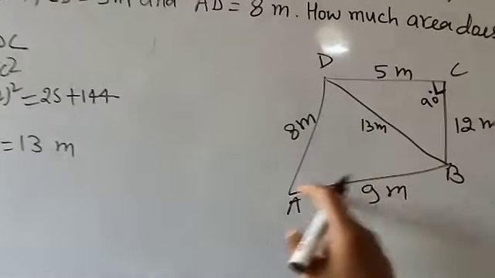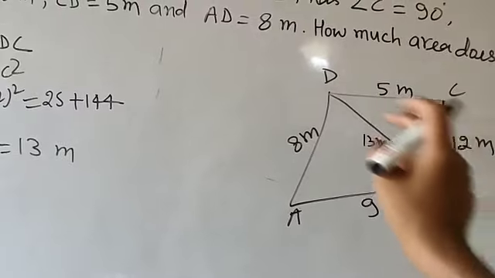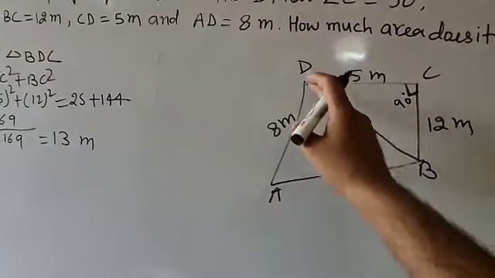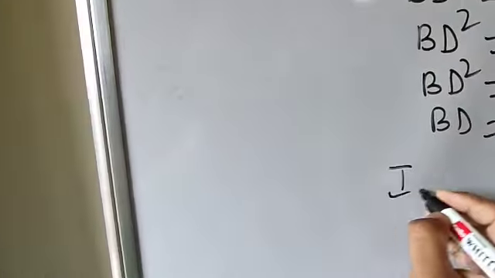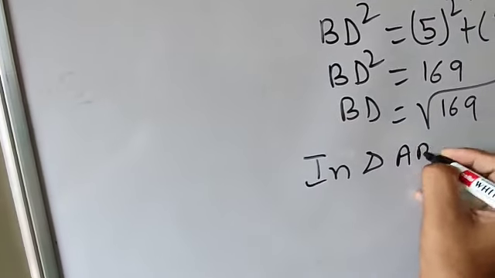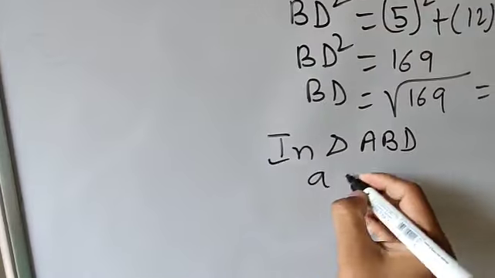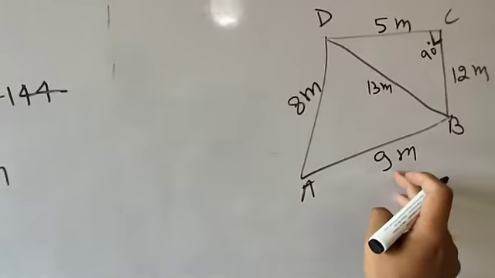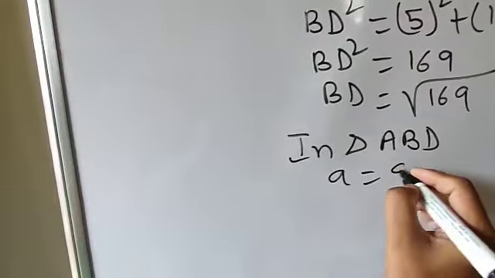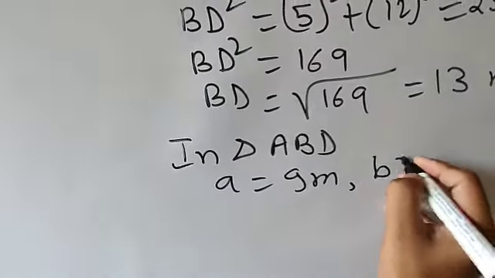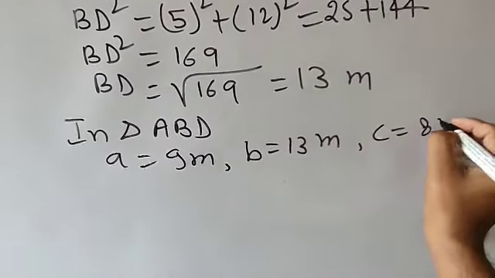Now you have all three sides of the triangle ABD as well as all three sides of the triangle BCD. So first I am going to find the area of the triangle ABD. In triangle ABD, suppose the first side a equal to 9 meter, b equal to 13 meter and c equal to 8 meter.